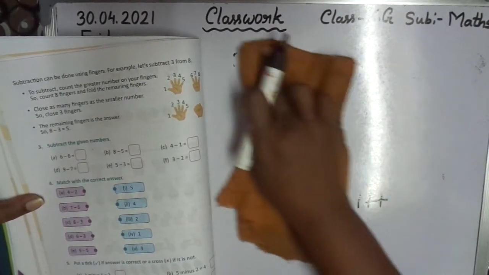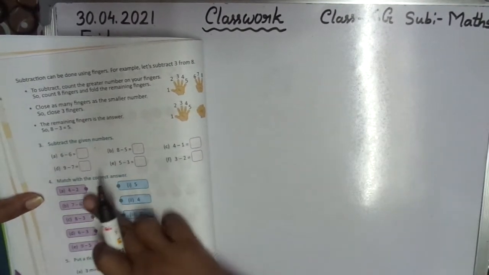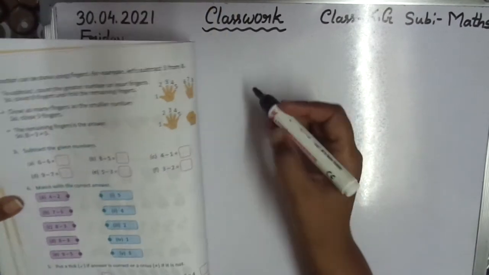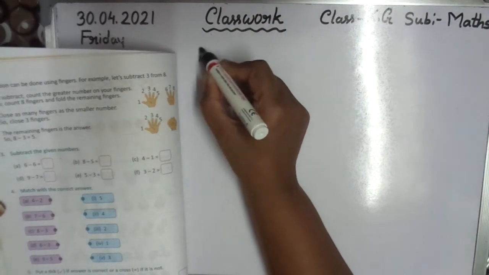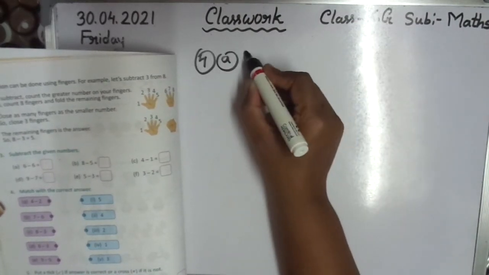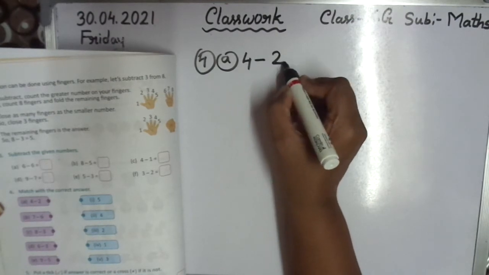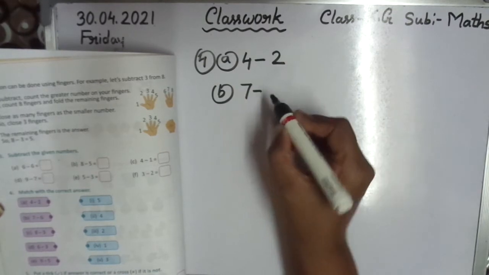Next, 4. Question 4. See, match with the correct answer. Question 4. A. 4 minus 2. B. 7 minus 6.